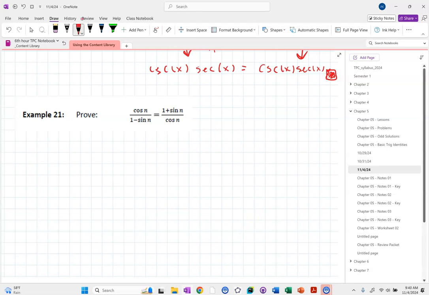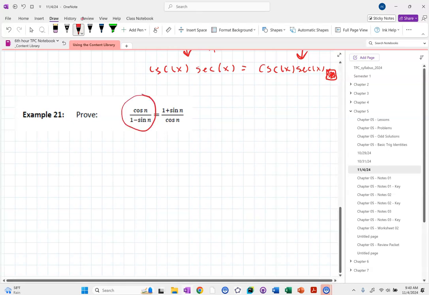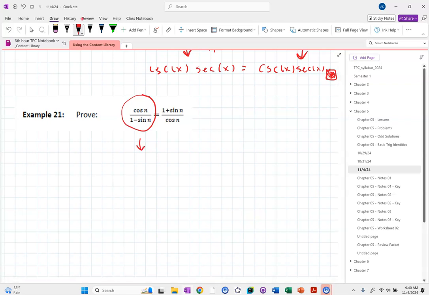Okay, so we're going to start here with the left-hand side. What am I going to do as my first step? So there's not an obvious identity staring us in the face, right?